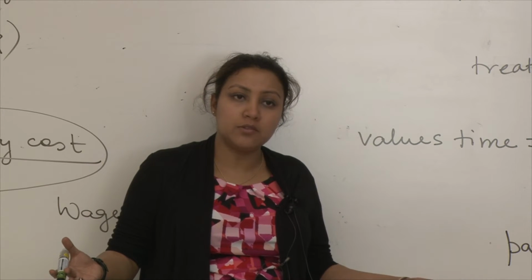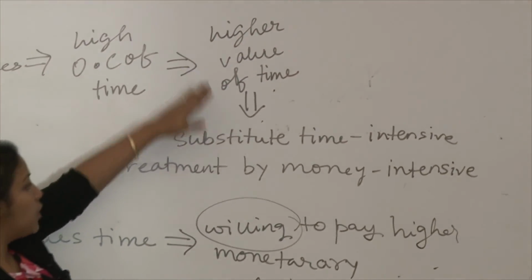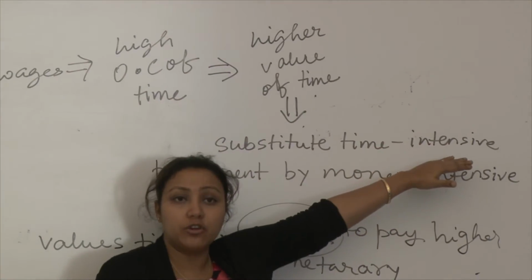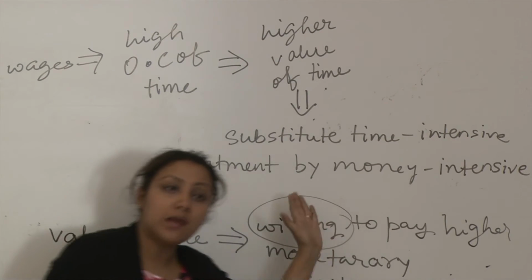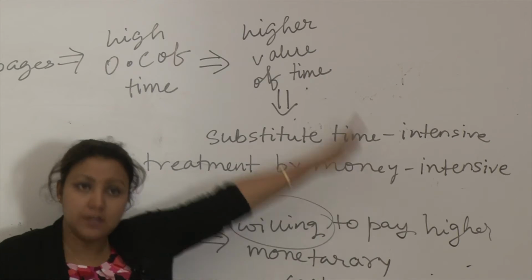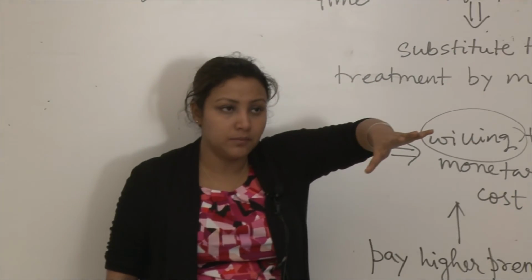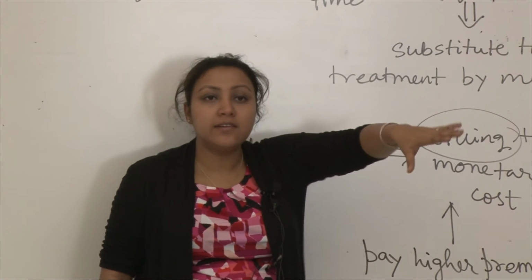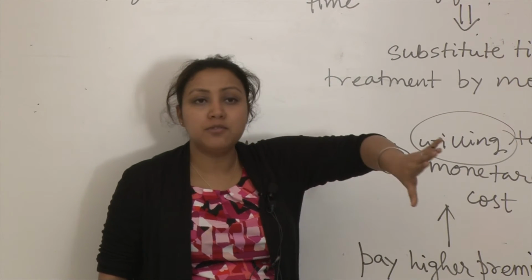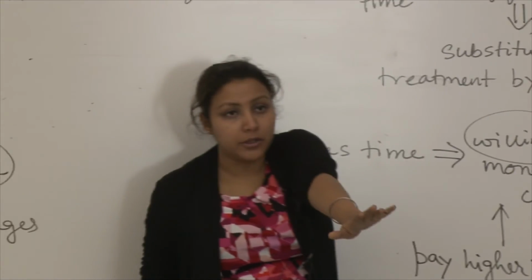Do you understand what I'm saying? If a person values time more, then he wants to substitute something which requires more time with something that will require more money, because money is not a problem for him. He values time, so he wants to take care of the time aspect of it. So he doesn't want to wait in lines, and to prevent himself from waiting in lines, he is willing to pay more for the treatment.